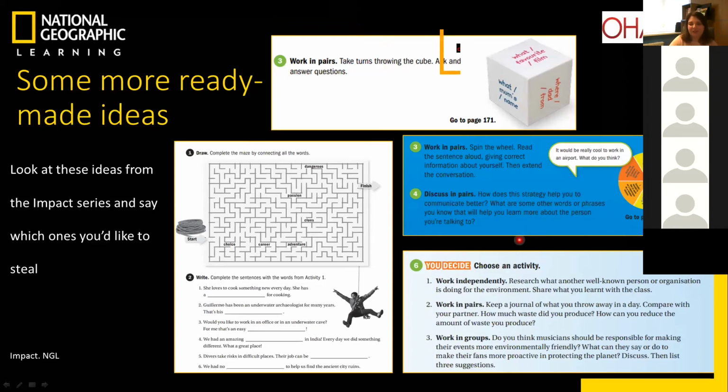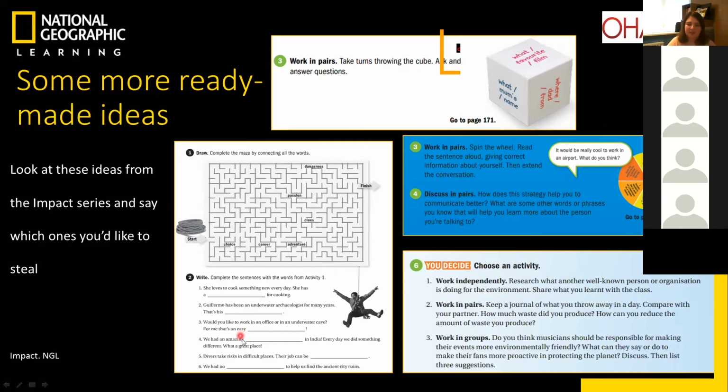And then after that, they complete the sentences with the words from activity number 1. There are online templates for mazes, or you can make it yourself. What can be a follow-up is that instead of just writing words, there can be collocations, so you may adapt it somehow.